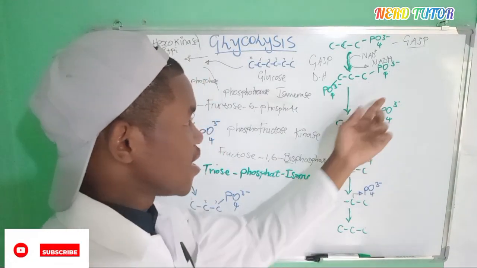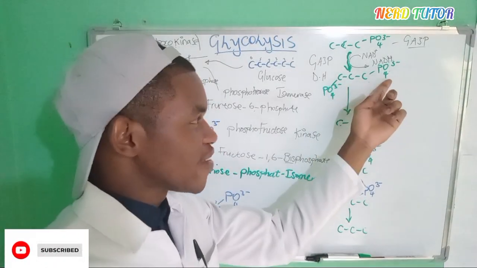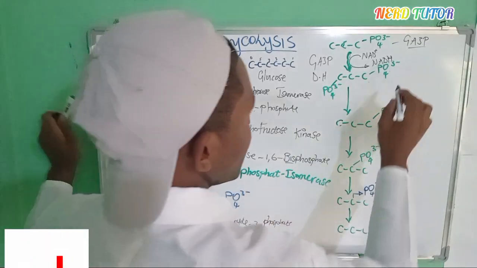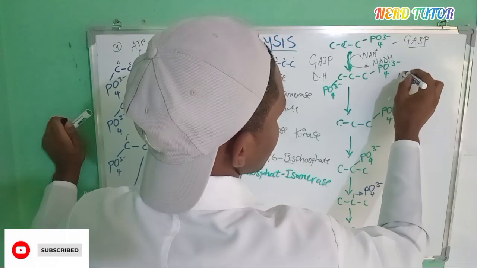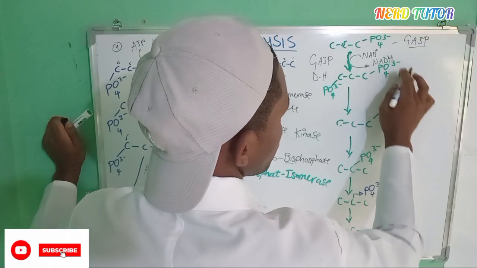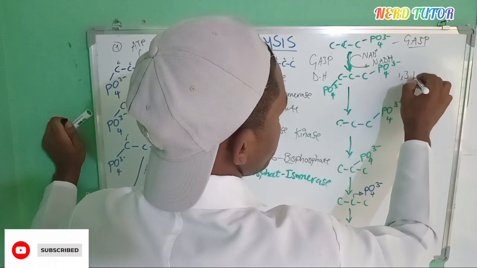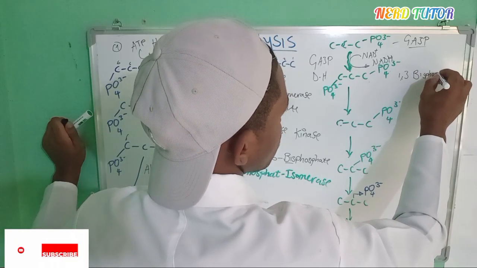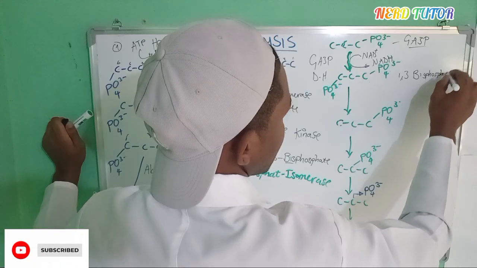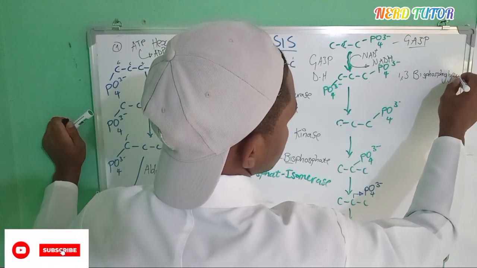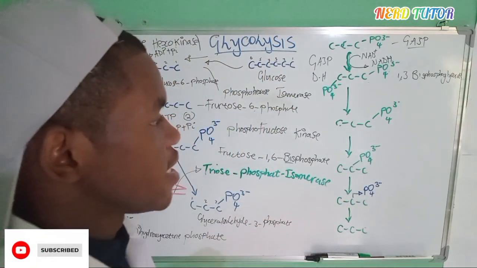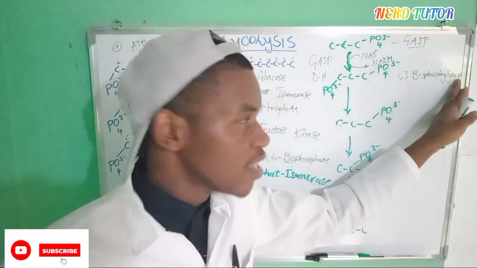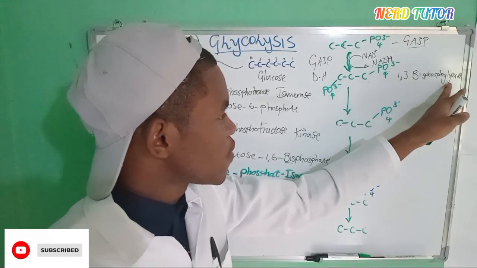So meaning that is a bisphosphate. So here, we are going to call this 1,3-bisphosphoglycerate. Because there are 3 carbons, no wonder we are saying glycerate. So this is 1,3-bisphosphoglycerate.